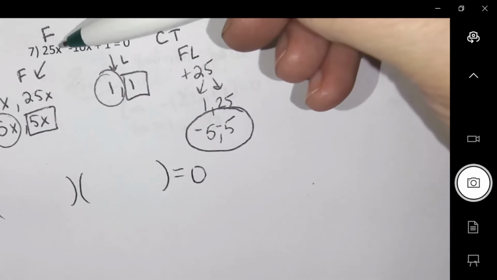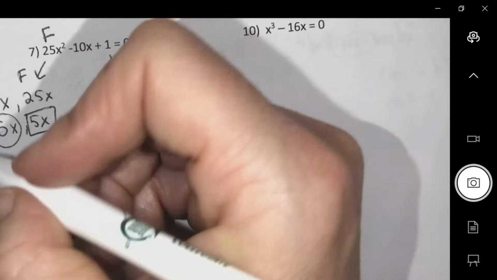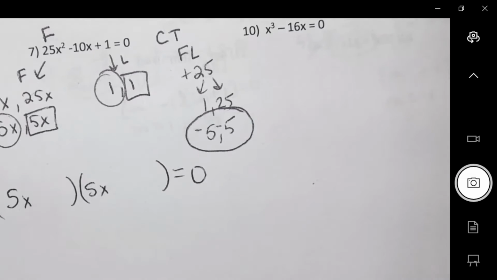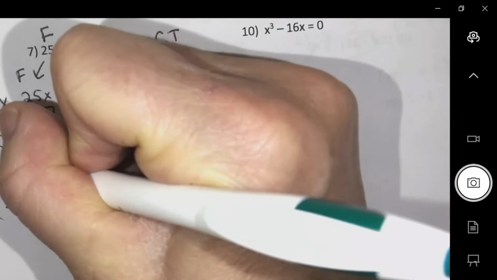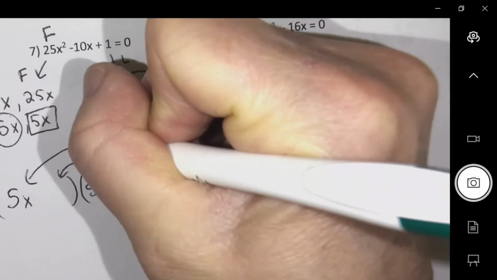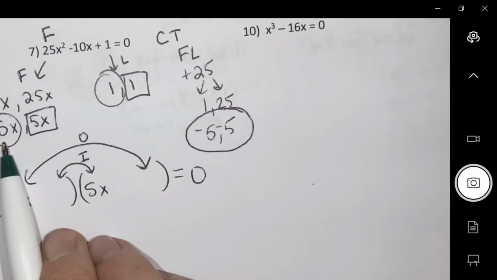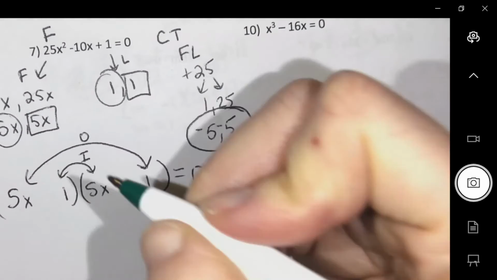In my brackets, I need to make the first unit. So I need to make the 25x squared, so that's the 5x times the 5x. The outsides and the insides need to make negative 10x together. I partnered that with a 1 and that with a 1.